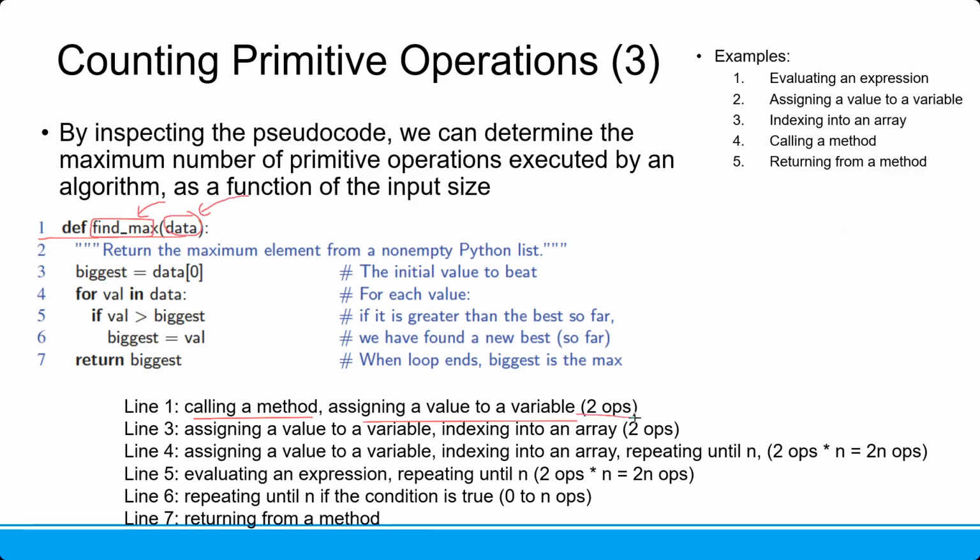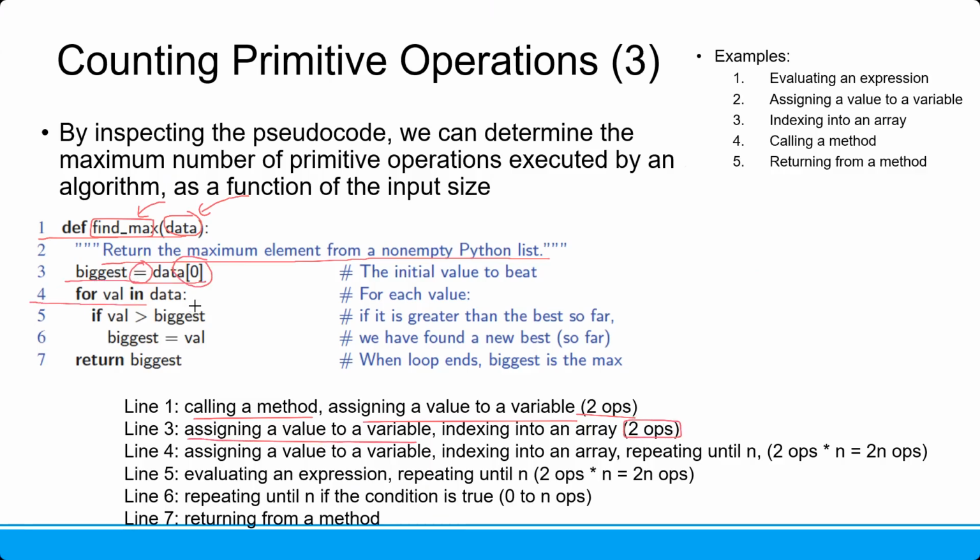So we just say this is an operation, just for simplicity. And then this is a comment. Comment, nothing happened in the program. And then line 3, we assign a value to a variable, and then there is also indexing. So there are two operations.